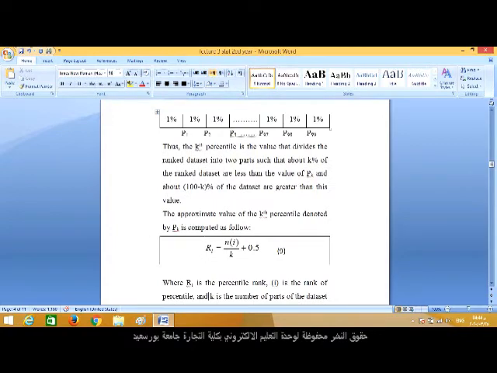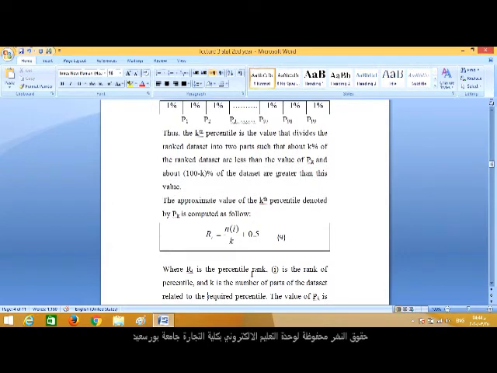So this is the percentile rank, and i is the rank of the percentile. K is the number of parts of the data set related to the required percentile. So K equals 100.